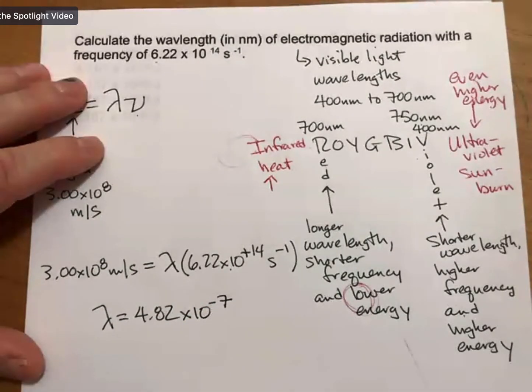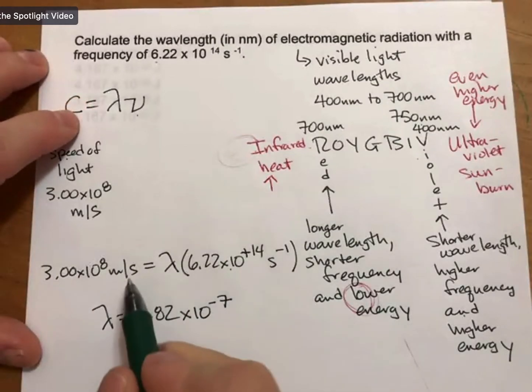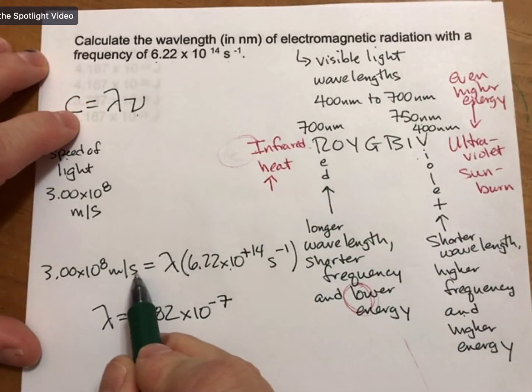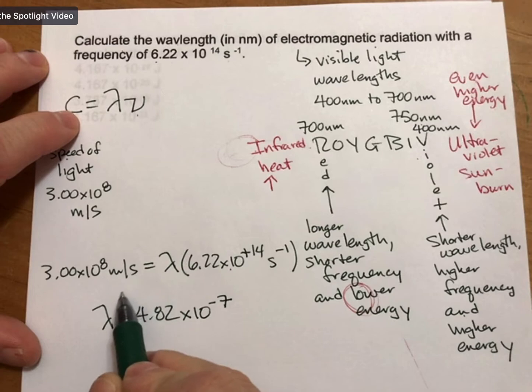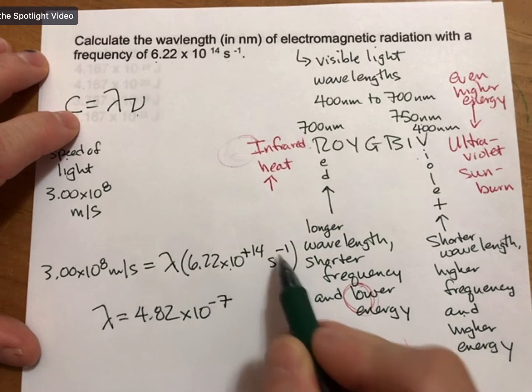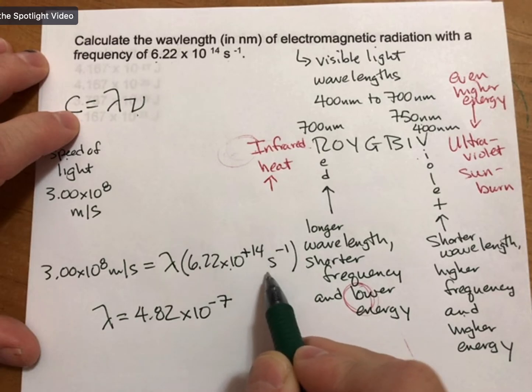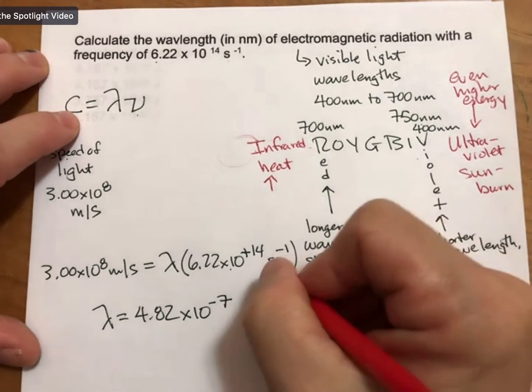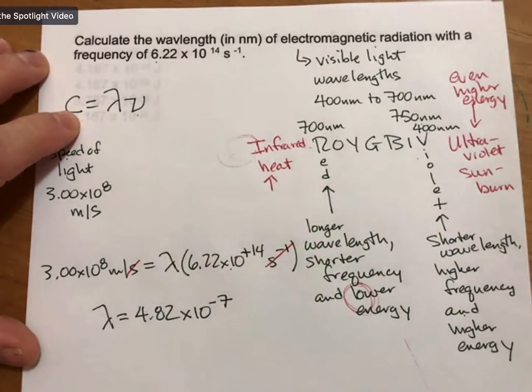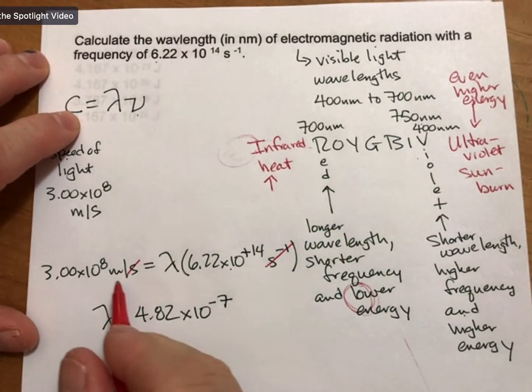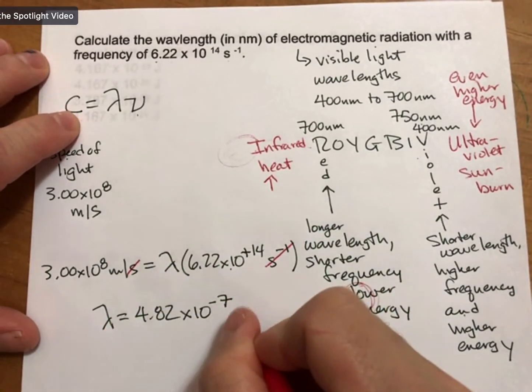And as far as a unit analysis here, seconds is in the denominator over here, since 1 over seconds means that seconds is in the denominator. So my seconds cancel out, and I'm left with units of meters here.